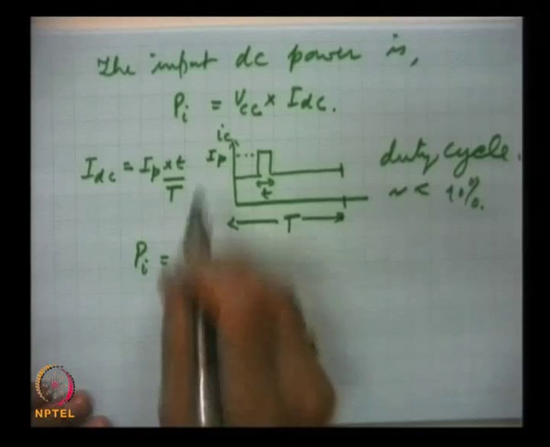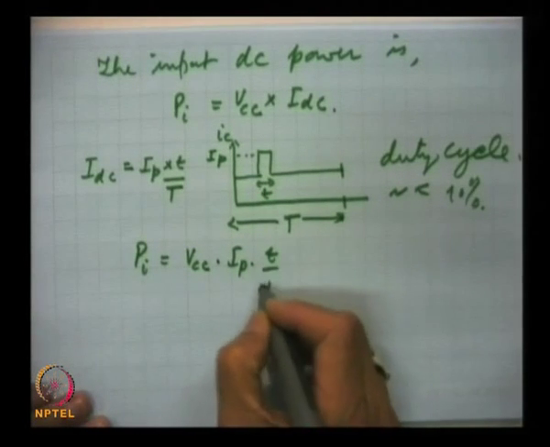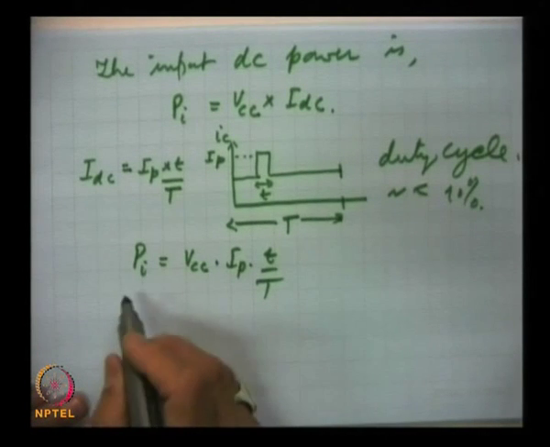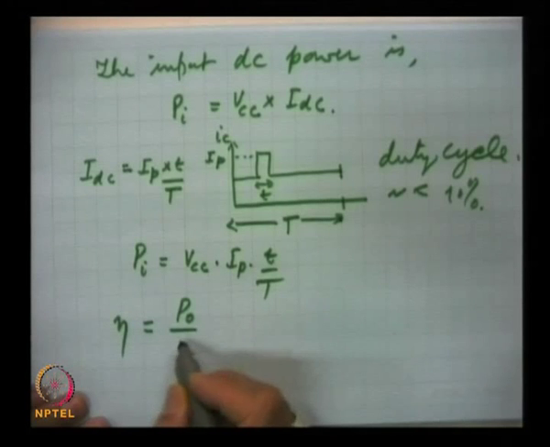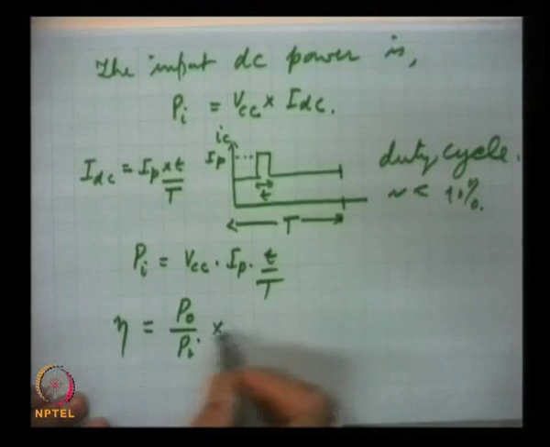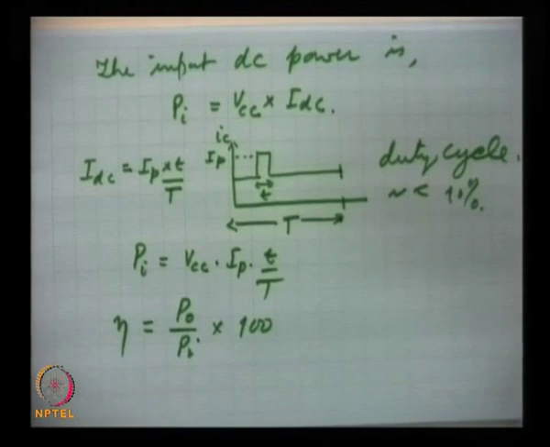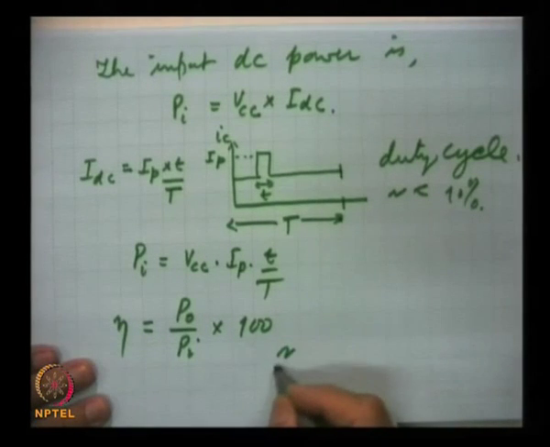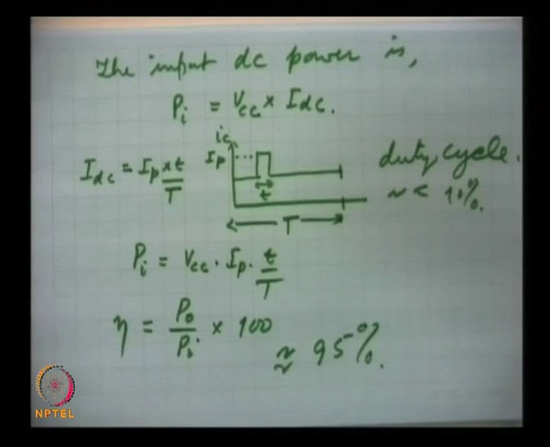Then efficiency is P_0 by P_I into 100. This is the percent efficiency, and for class C operation it comes close to 95%. Practical efficiencies are also around 90%.